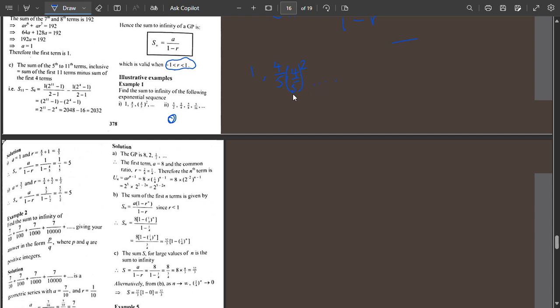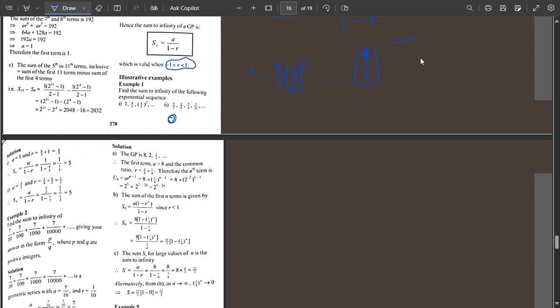Whatever it is, looking at this, the common ratio will be 4 over 5, which is less than 1.